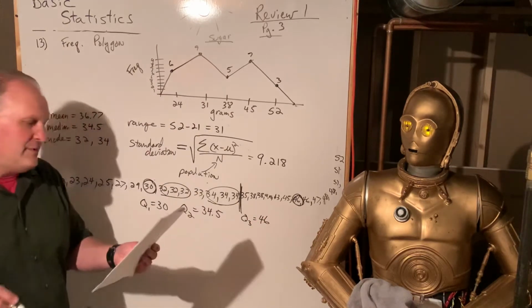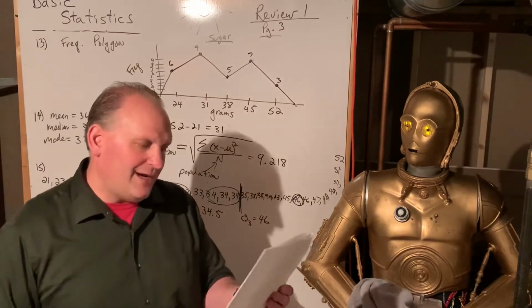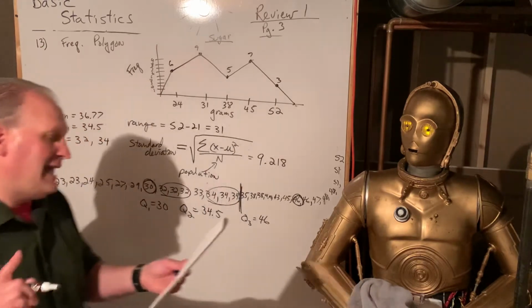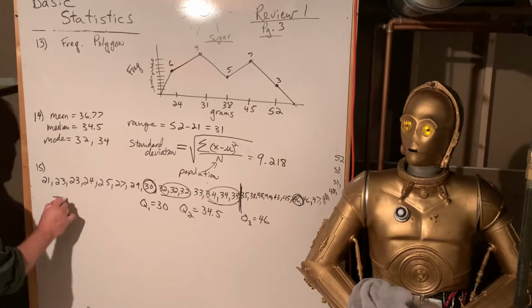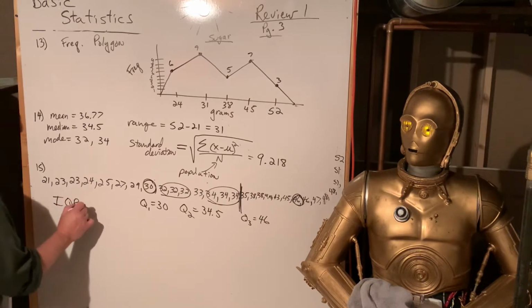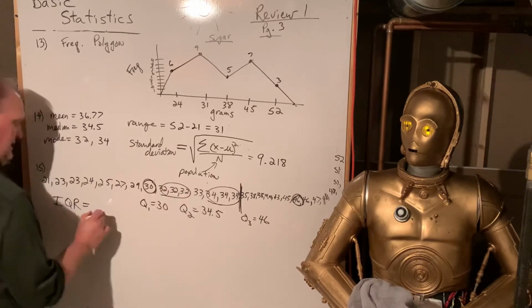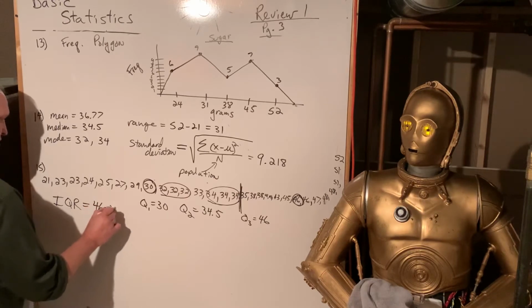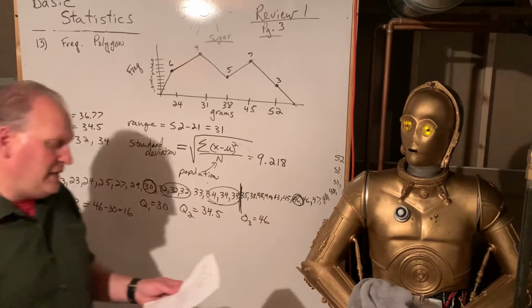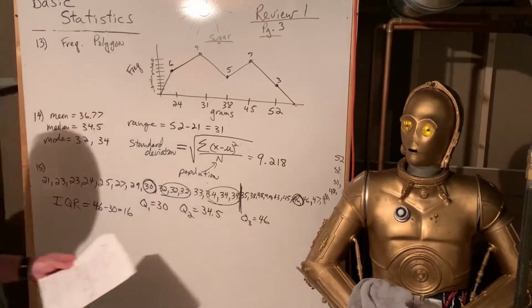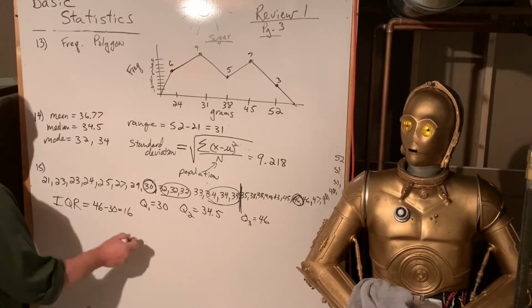Now remember, how do we find the lower cutoff and the higher cutoff? We find the IQR, the interquartile range. The IQR is 46 minus 30, that's 16, but we don't just use 16, we take that times 1.5.